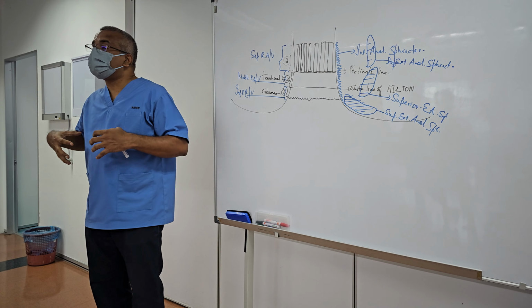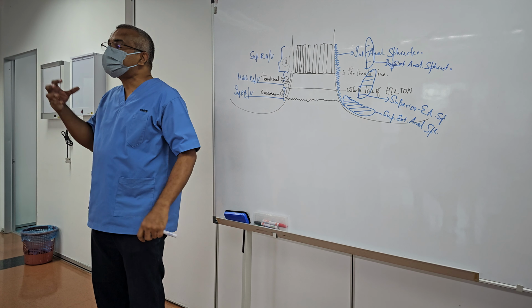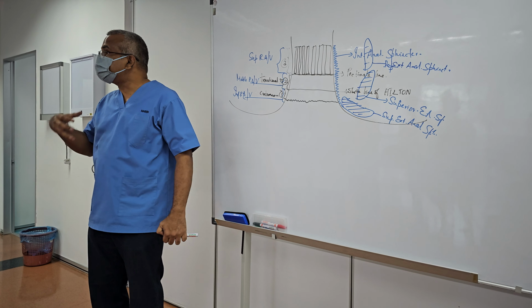If somebody has portal hypertension, certain regions where these connections between the portal system and the systemic system are present dilate. Are we okay? This segment and this segment are all part and parcel of portocaval anastomosis. Now, what will happen when there is portal hypertension in the liver?